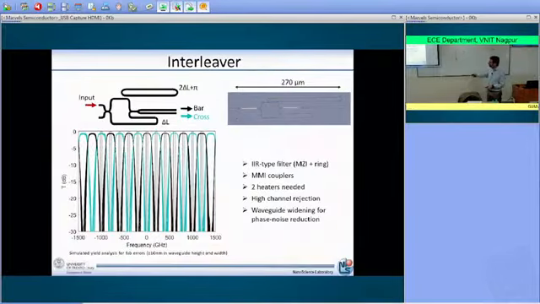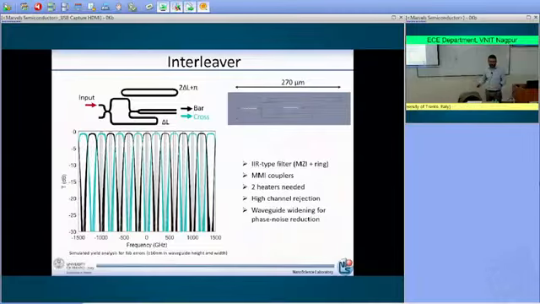And therefore what you end up with is that the blue, the even wavelengths, are channeled in the cross direction, and the dark blue, which are the odd wavelengths, are channeled in the bar direction. So by using this device, you are able to separate all the different channels depending on whether they are even or odd.